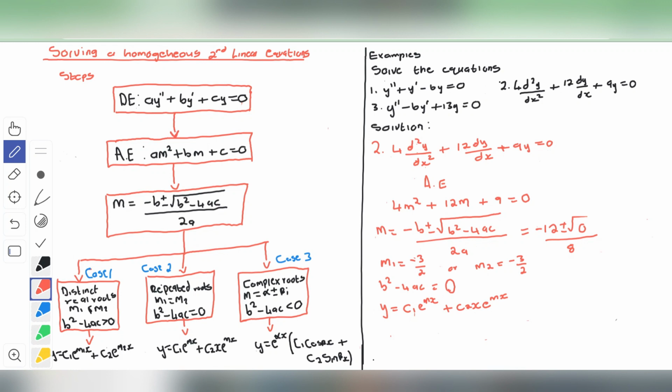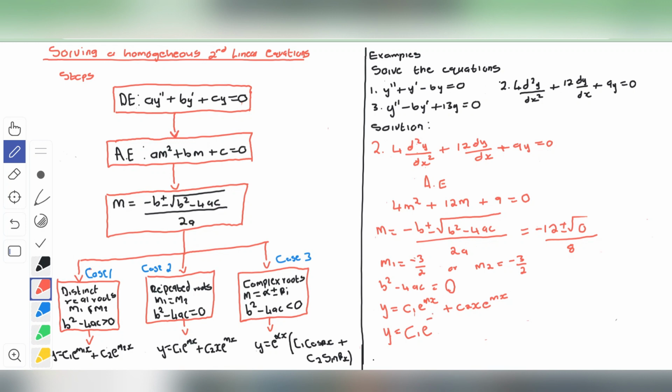And whenever b squared minus 4ac is equal to 0, so either you check whether m1 and m2 are equal, or you can use that b squared minus 4ac is equal to 0. If it's equal to 0, therefore you are allowed to use what? The case 2. Right, so now let's replace everything. Therefore we have c1 e. What is m?